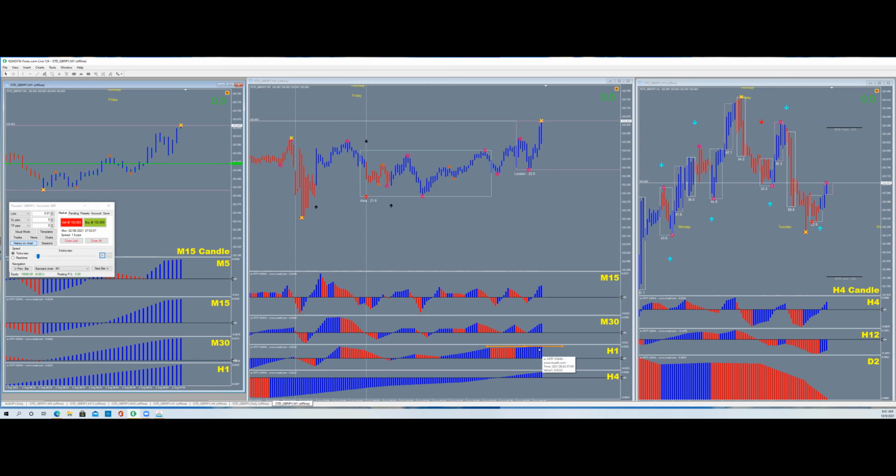The 1-hour flickered when it went back. So if you did get out, this would be an opportunity to get back in. But your stops will be a 9 pip stop at this point. So if you had your original entry and you're following the 4-hour, the fluctuation wouldn't get you out.